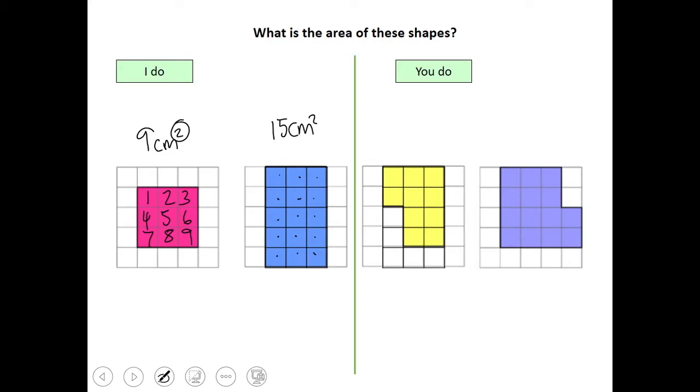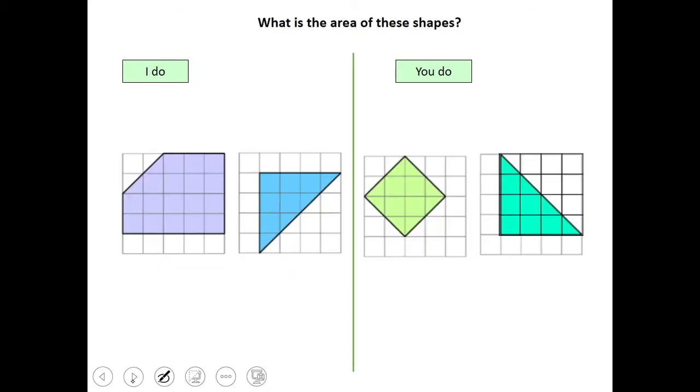Now if I can get you to pause the video and attempt the 2 questions on the right hand side. Right, so you have the answers up on the board now. If any of you missed the little 2 at the top, then you will lose a mark. So it's important you always add the little 2. So the first thing we would want to do in these kind of shapes, so you can see that we've got 2 halves here. So we're going to leave that till the end.